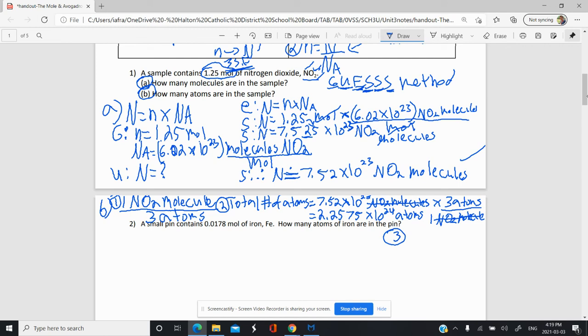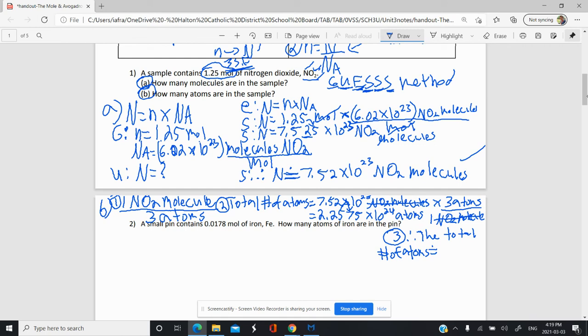My third step, I'm going to say, therefore, the total number of atoms is approximately, and I'm going to do this with the correct number of sig figs, the 3 sig figs, right? Because there's 3 sig figs in my question. So I look next door here, it's going to round up.